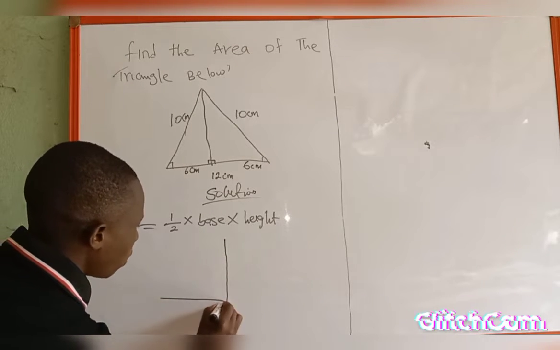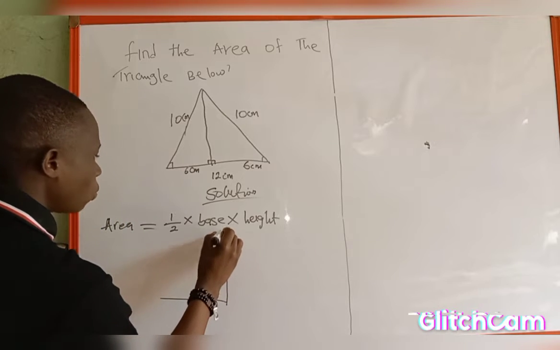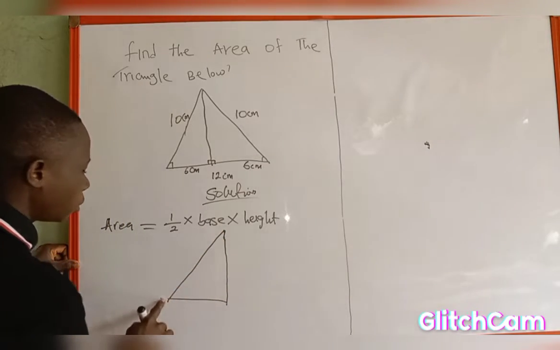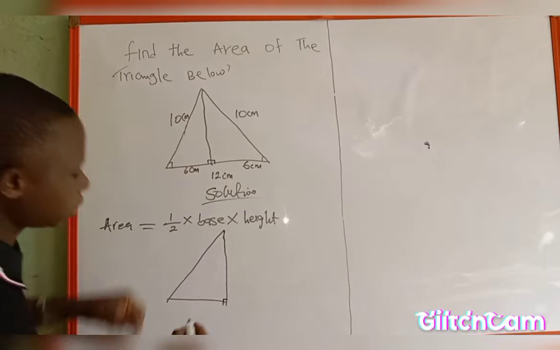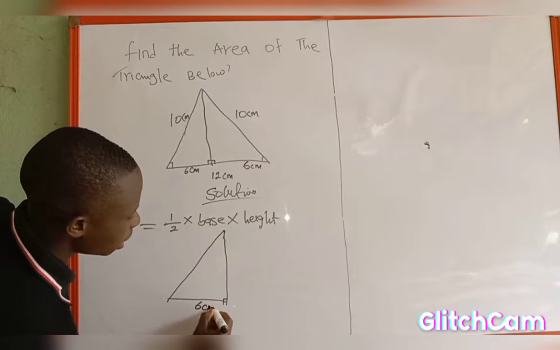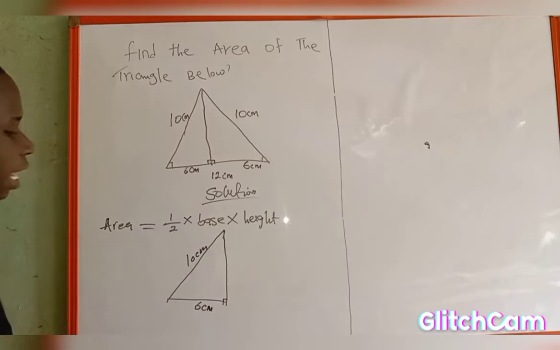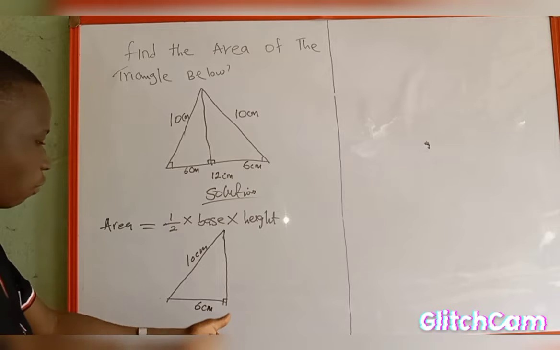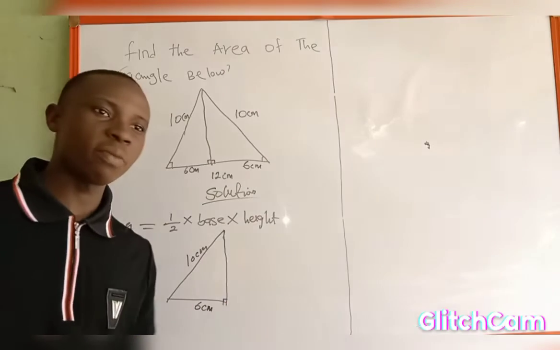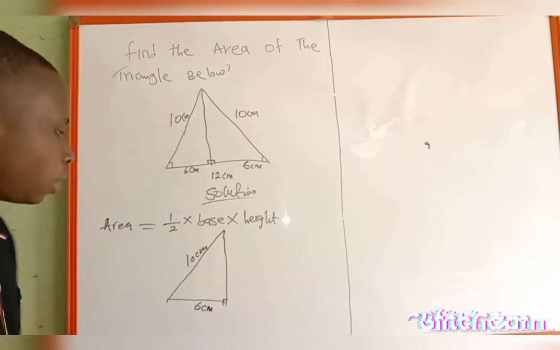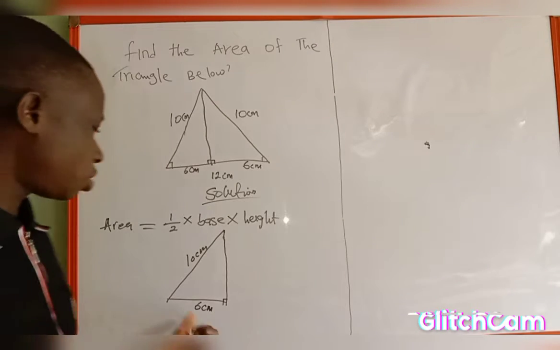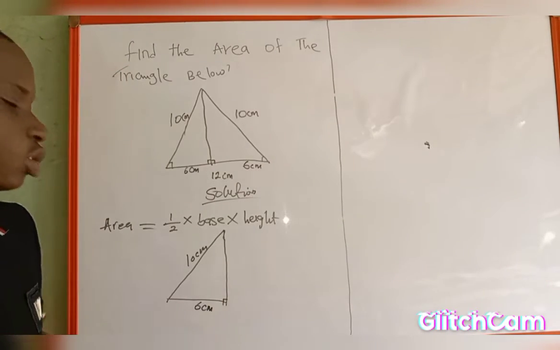This is the right angle triangle. Remember, this is 6 centimeter. This place is 10 centimeter, and this is the height we are asked to look for. Before we can look for the height of this triangle, remember your Pythagoras theorem. So we are going to use Pythagoras theorem to find the height of this triangle.